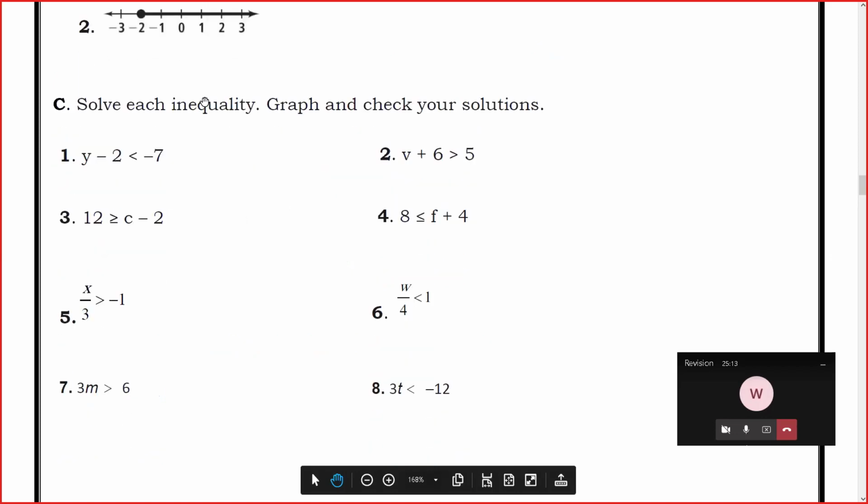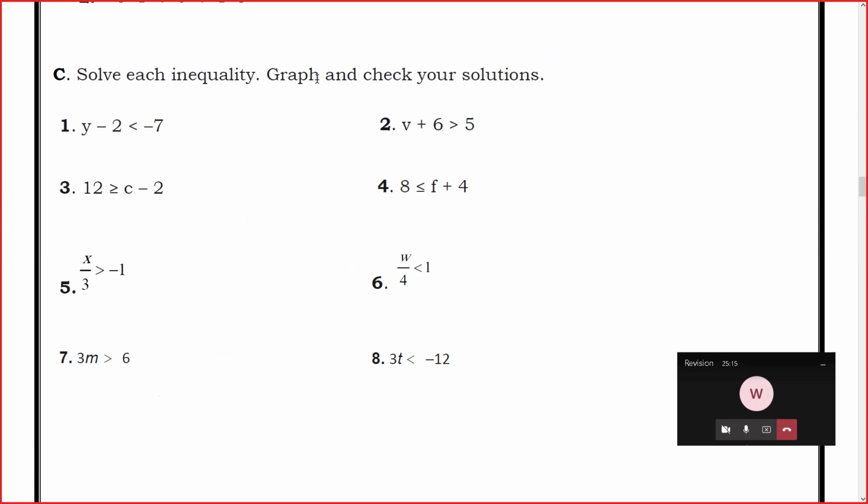Solve each inequality, graph and check your solution. Yeah. Number 1. Here, in number 1, we have y minus 2 less than negative 7.